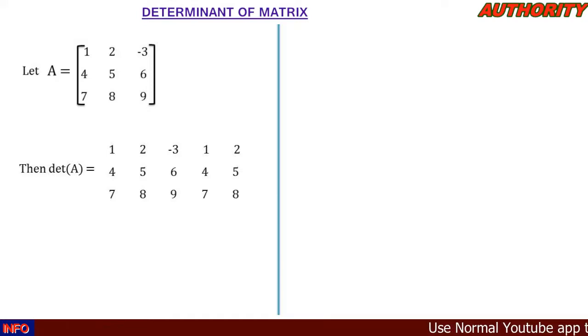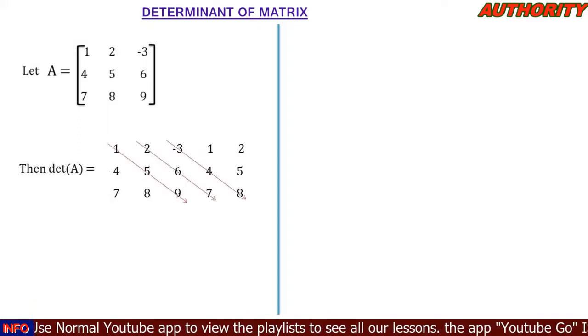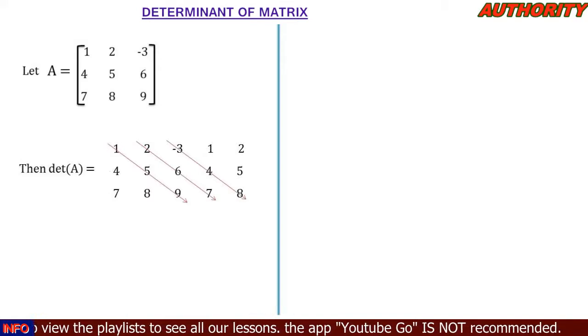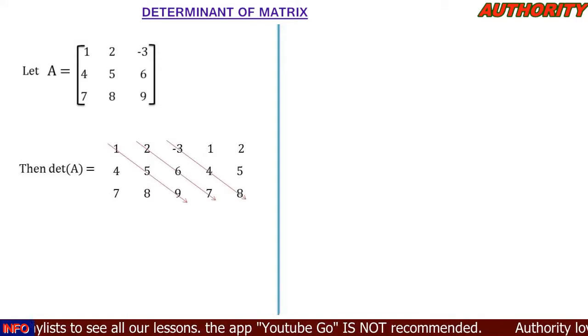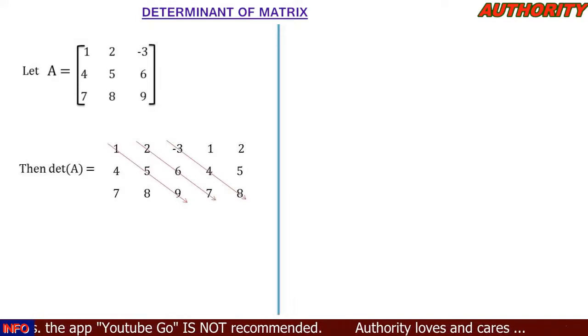In the matrix given to us, the main diagonal is 1, 5, 9. We're going to draw the line passing through this main diagonal 1, 5, 9. Extend it again to the other diagonal.